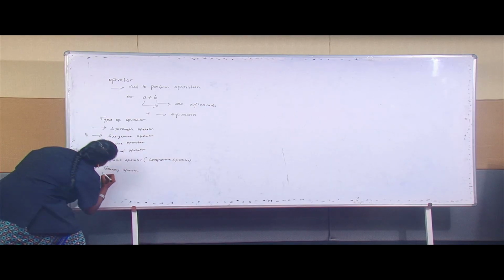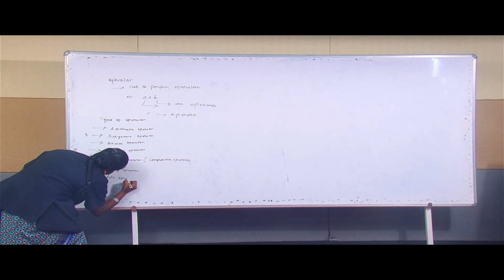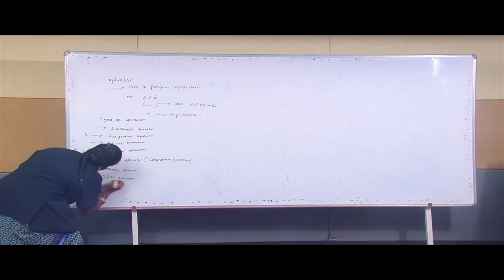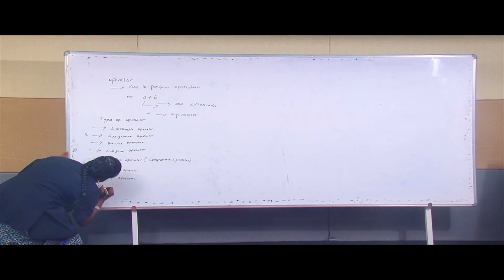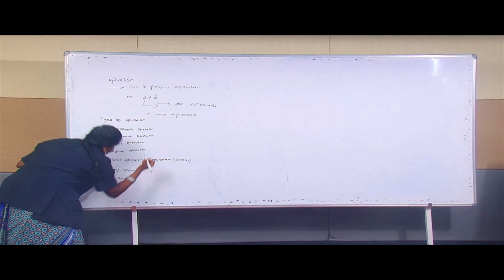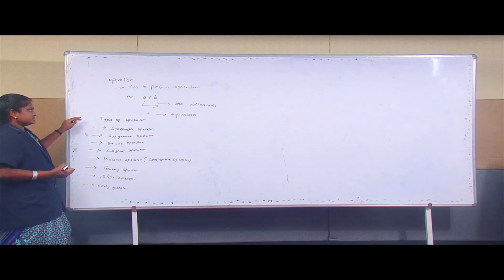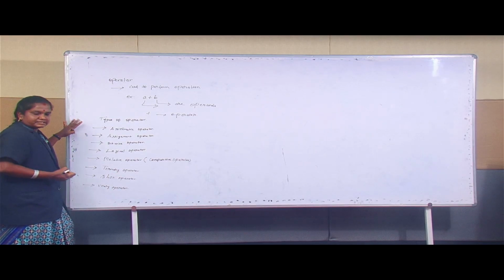Then next is shift operator. And the last one is unary operator. So, these are the various types of operators. Now, we will see about each operator in detail.